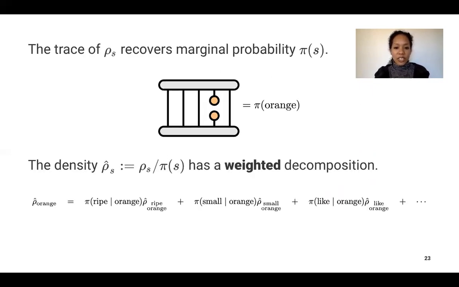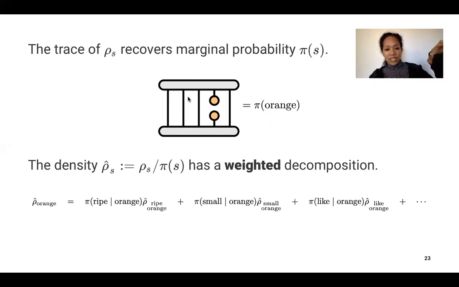So the first thing to notice in this direction is that the trace of an operator associated to a sequence is precisely the marginal probability of that sequence. And that's not too hard to see. My vector psi was essentially a sum of joint probabilities.